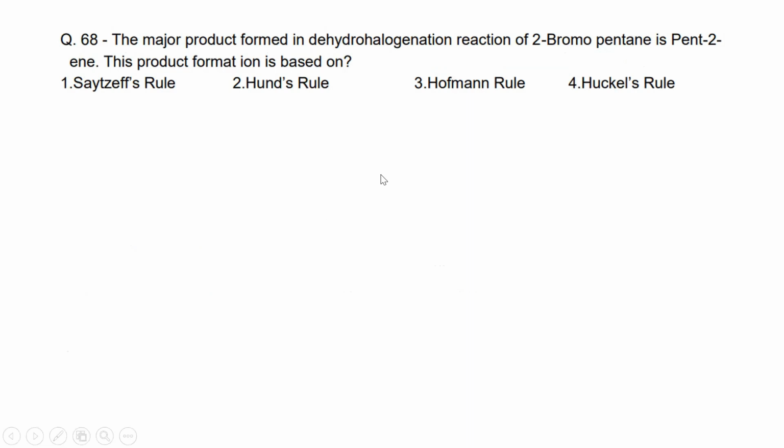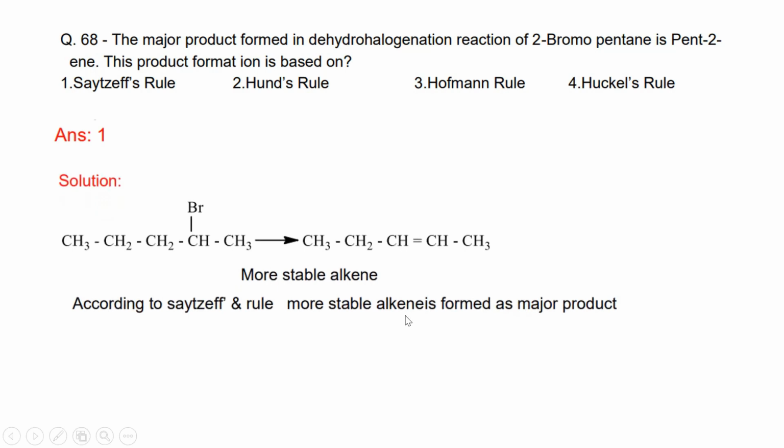That will be the more substituted alkene, which is following the Saytzeff rule. So option 1 is the correct answer. So this is the reaction we have. That is the more substituted alkene we got, and that is coming according to the Saytzeff rule. Question number 68, option 1 is the right answer.